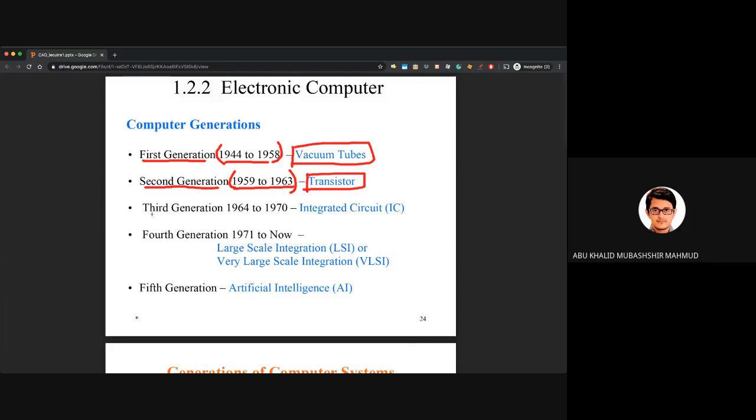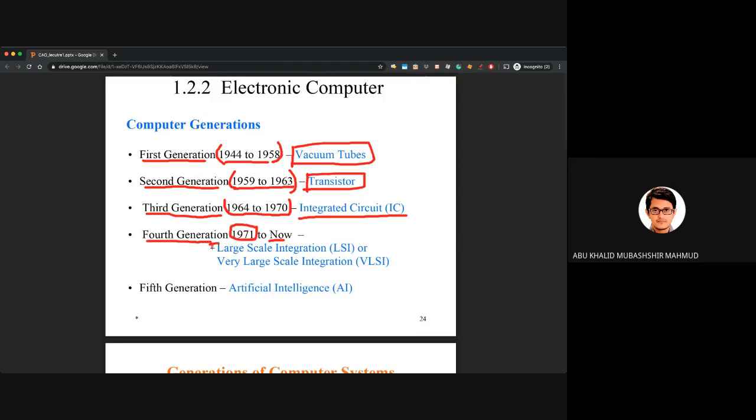And then came the third generation of computers, which started its production in 1964 and went on to well over 1970. It used integrated circuits, or IC. The fourth generation of computers came into being from 1971, the year of our liberation, to now.